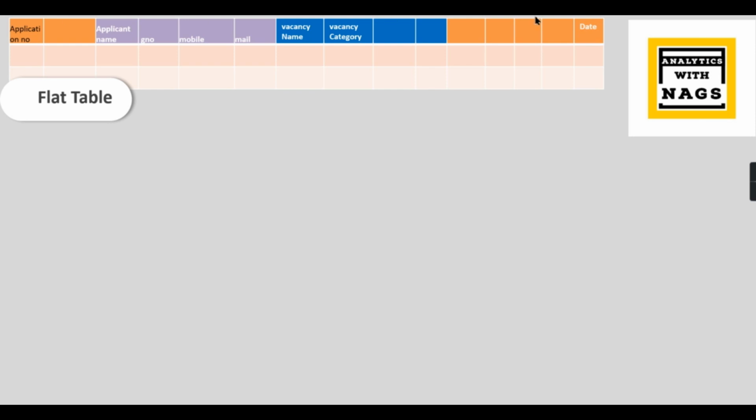Right. So we have a flat model, where we have everything in a single table. As I said before, this is the recruitment analysis where you have the application number, details of the applicant, and details of the vacancy, what post the applicant is applying for, then other required fields and date. This is the flat model. You have all the information in a single table.